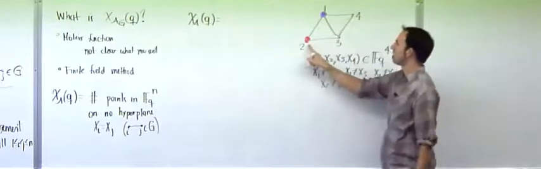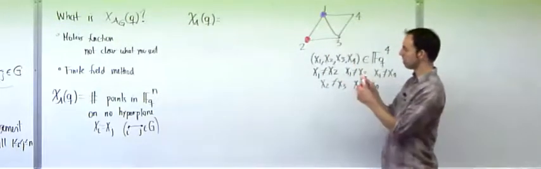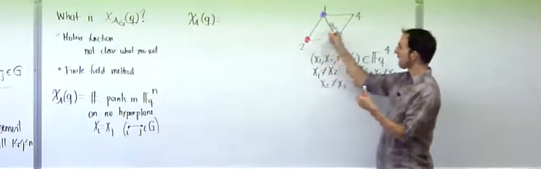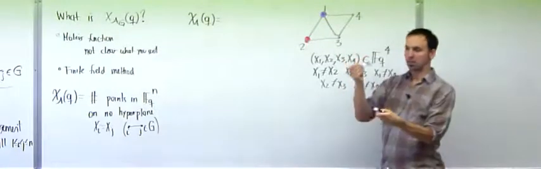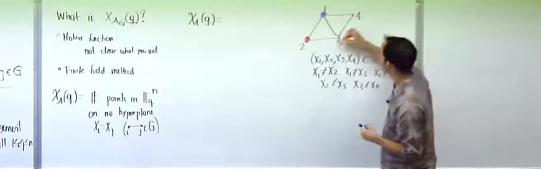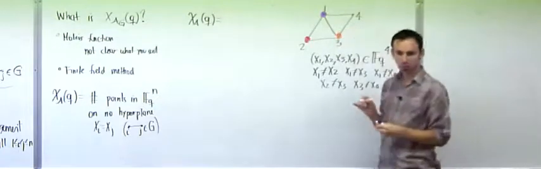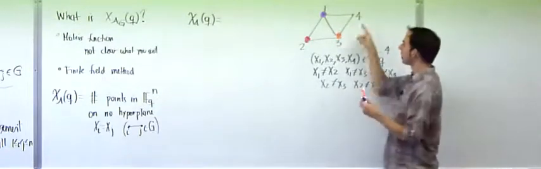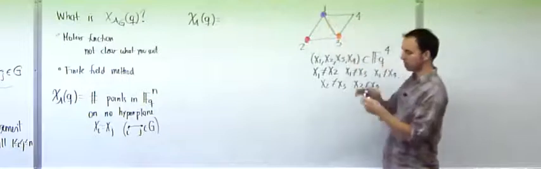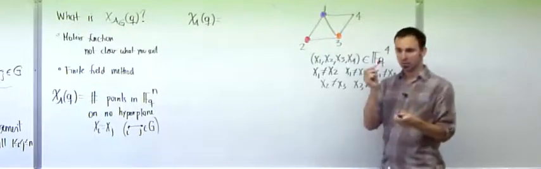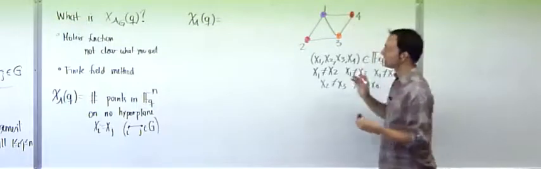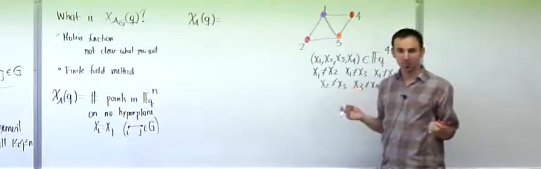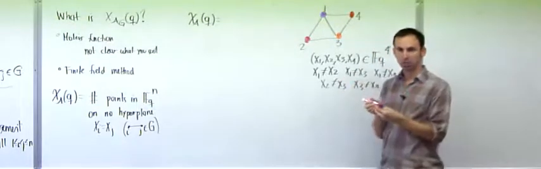And then here, this guy can't be purple, it can't be red, and I only have 3 colors. So I'm going to have to use orange. And then for this one, it can't be purple, it can't be orange, I only have 3 colors. So it's going to have to be red. And that's it. So it's really a counting problem about how you can color this graph.